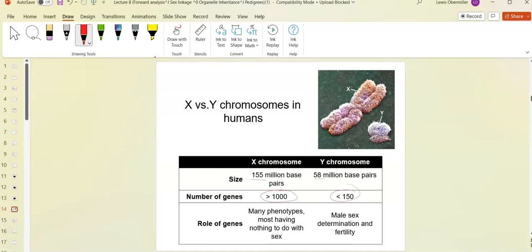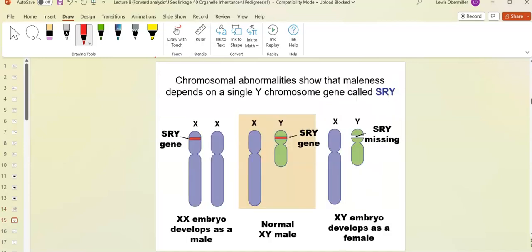The roles of the X chromosome, because it has so many genes, there's lots of different phenotypes. They generally have nothing to do with sex, and we'll talk about that in a second. Y chromosome is usually male determining. It also affects fertility, and we'll talk about that now.